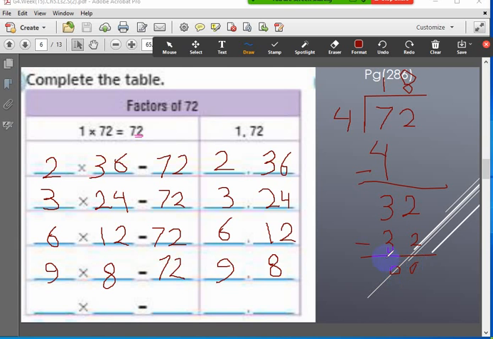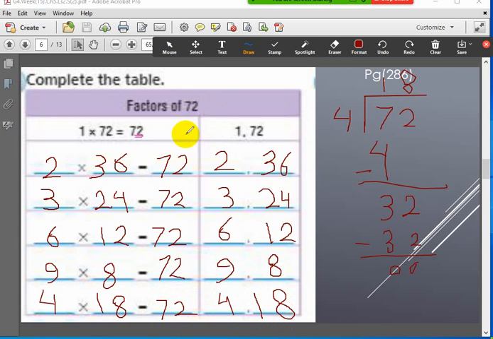Now, look, when we divide 72 by 4, the answer will be 18. That means 4 multiplied by 18 equals 72. That means 4 and 18 are factors of 72 also. So look, 4 and 18, another two factors.